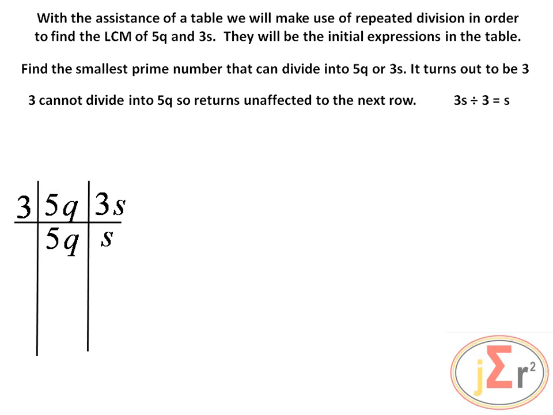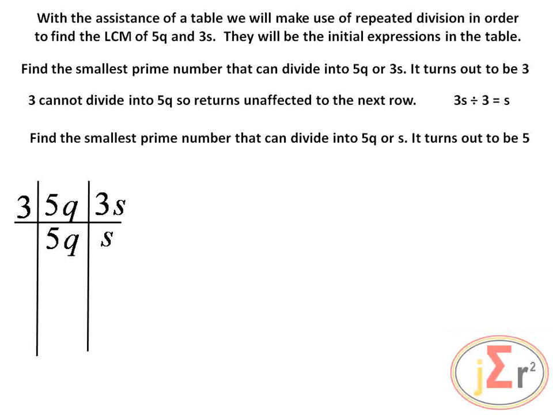Then we go again and we say, what is the smallest prime number that can divide into 5q or s without leaving a remainder? If it can divide into 5q, or into s, or into both of them, we will use it. Of course, the only one that can divide into this expression is 5.